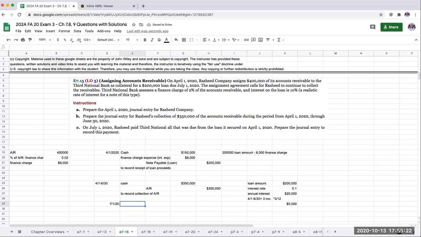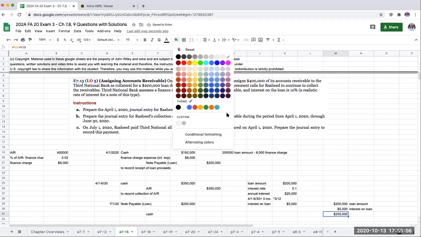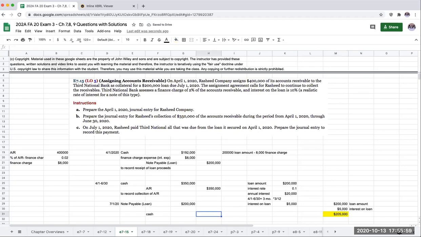So when I pay back the loan, I'm getting rid of it because I'm paying it off, but the amount of cash that I'm going to be paying is the loan amount plus the interest on the loan. So the total amount of cash I'm paying for this loan is going to be $205,000.